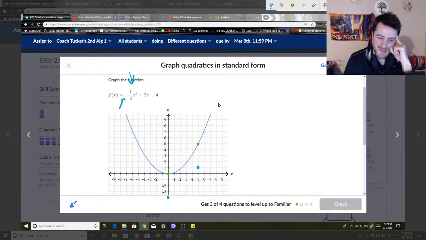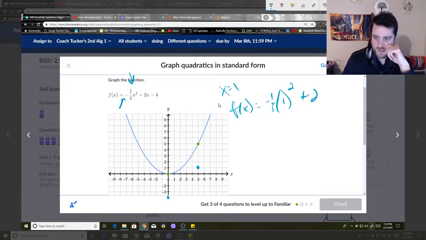I'm going to plug in... Do I want 4? No, let's go 1. 1 will be easier. So let's say if x is equal to 1, we have f of x is equal to negative 1/5 times 1 squared plus 2 times 1 minus 4.